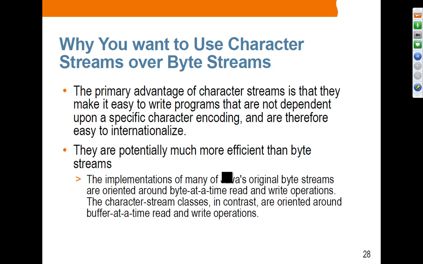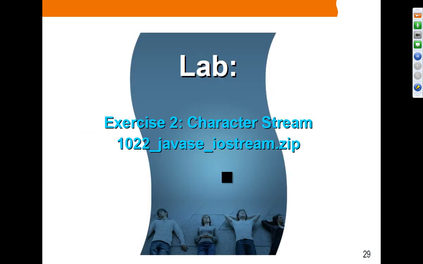If you're using byte streams, you have to perform this character encoding and decoding yourself, and sometimes your implementation is not going to be that efficient. In fact, the character stream implementations from the JDK are highly optimized. Okay, so it's strongly recommended that you use the provided character stream classes that come with the JDK. Okay. All right, so that is the point.